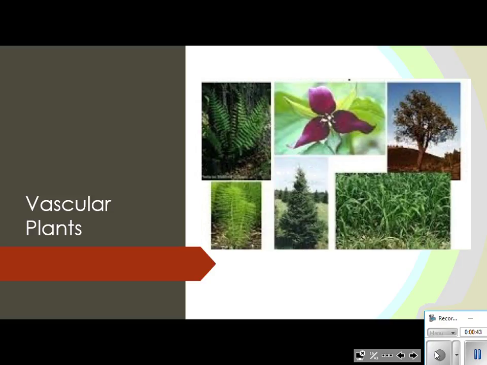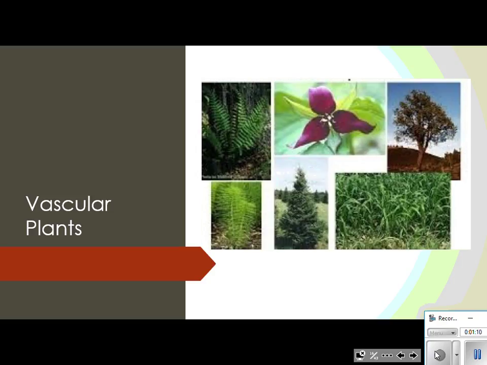Vascular. What did we say a vascular plant was? It has a xylem and phloem, meaning that it has tubules that carry items up and down the plant.